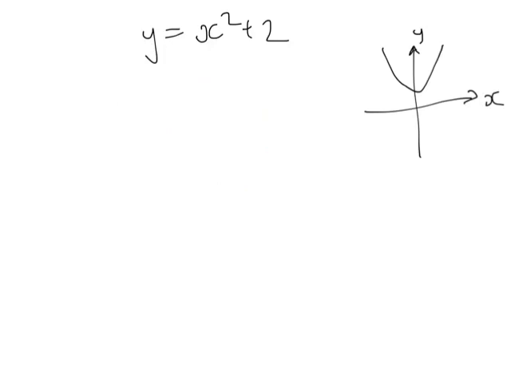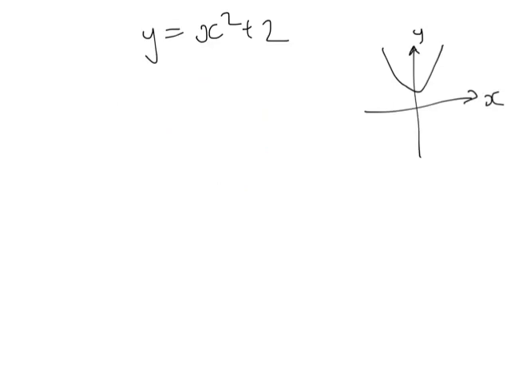Okay, so here we've got quite a simple function, y equals x squared plus 2, and we're going to look at how to find the stationary point for this function. Now you should know from your knowledge of graph sketching what the stationary point of this function is. This is a transformation of the graph y equals x squared, and you know the stationary point for y equals x squared.